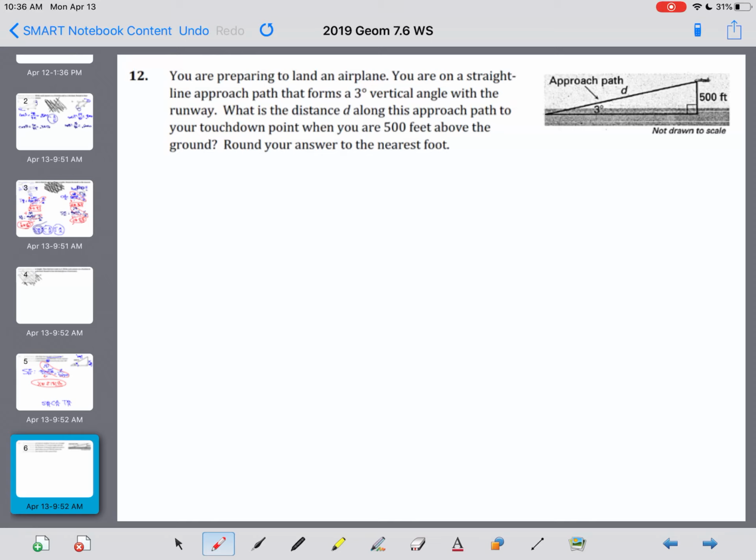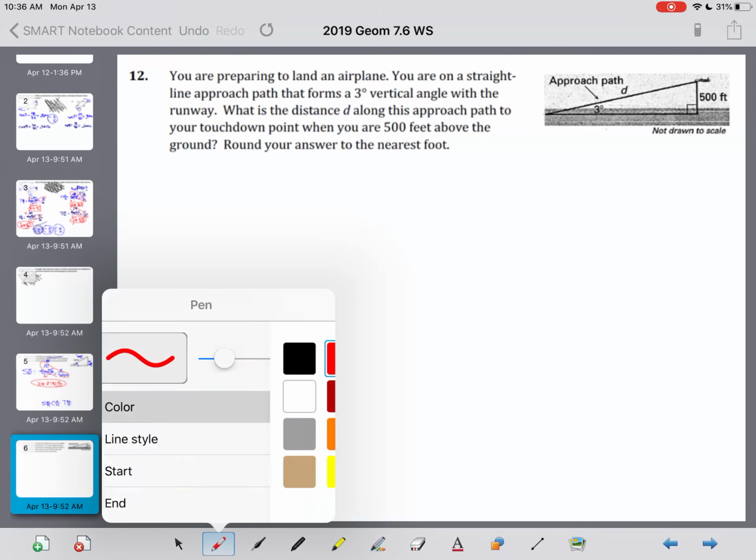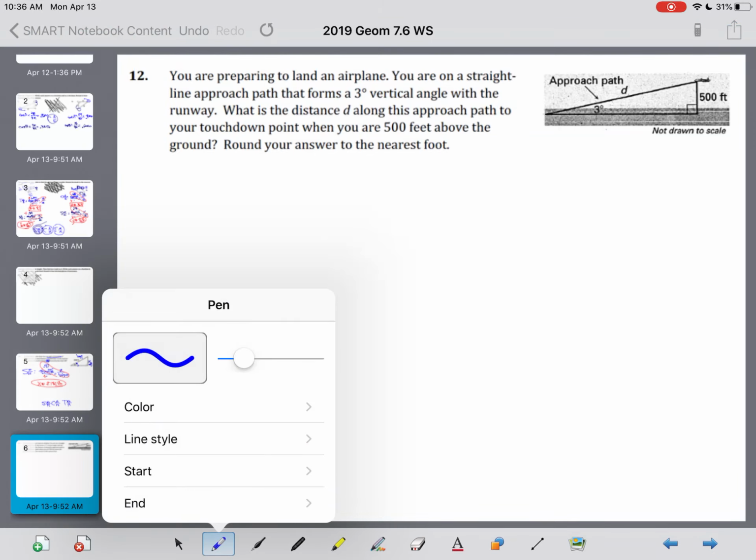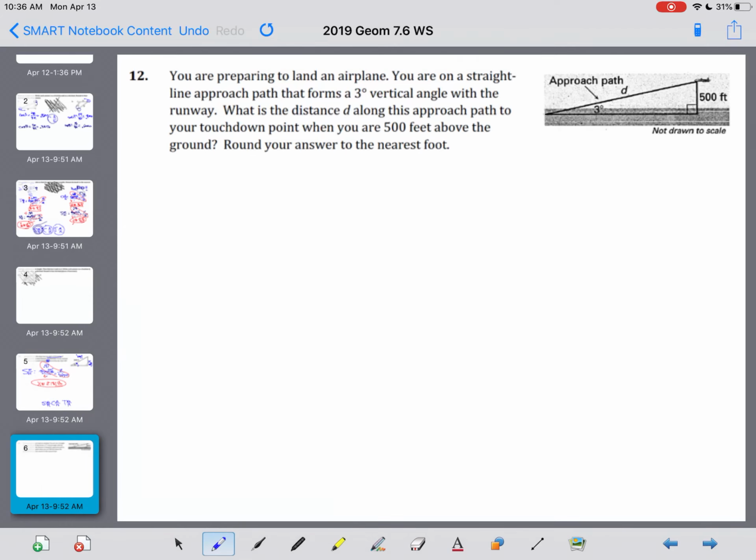And then finally here, you are preparing to land an airplane, which is the most thrilling thing known to a flyer, is landing. You are on a straight line approach path that forms a 3-degree vertical angle with the runway. What is the distance d along the approach path?